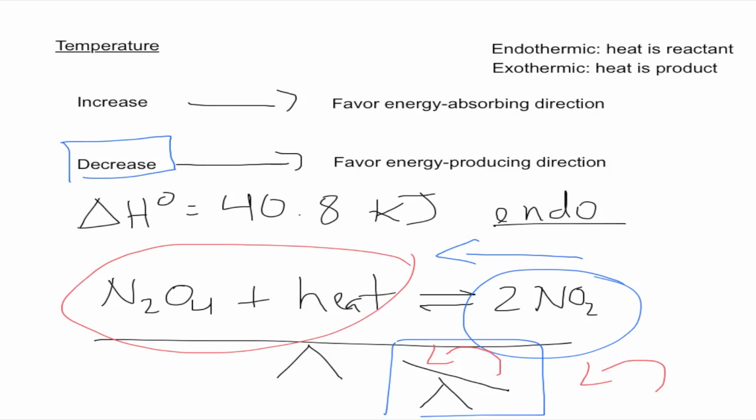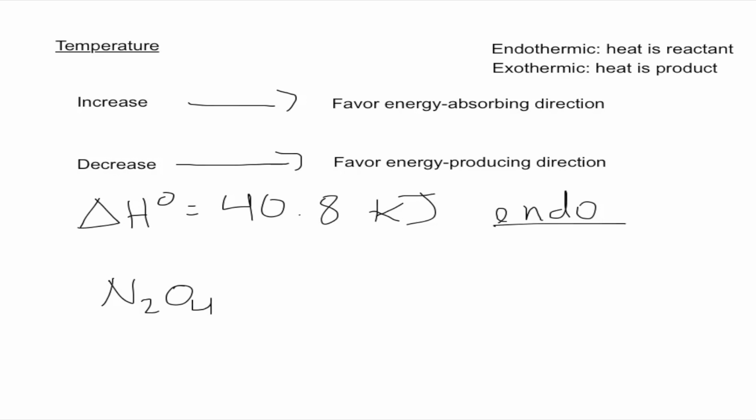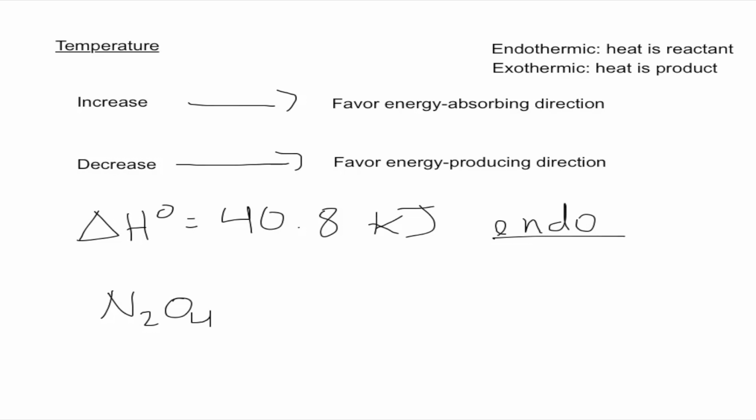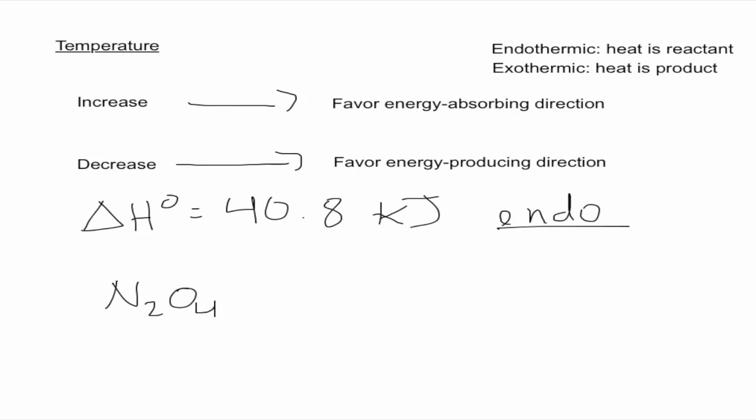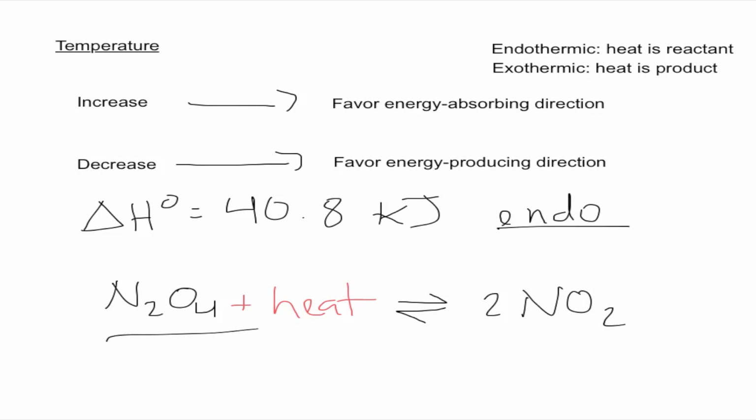So now let's look at the case of an increase in temperature. So we will start with the same, and it's still endothermic, so heat still on this side, and it's in equilibrium with the 2NO2. And because we want to increase the temperature, let's just think of it in the simple way.